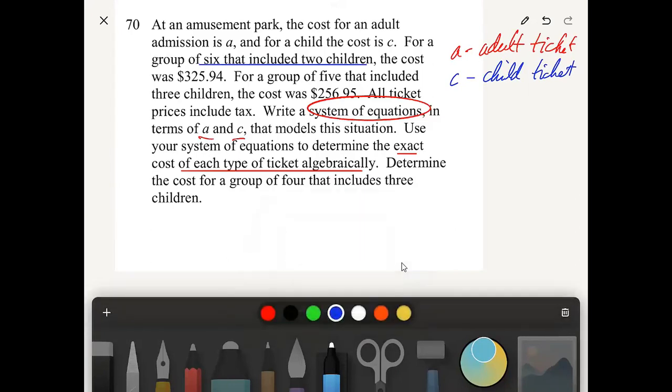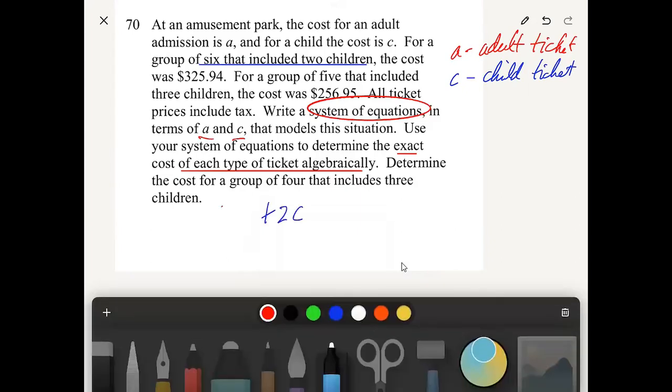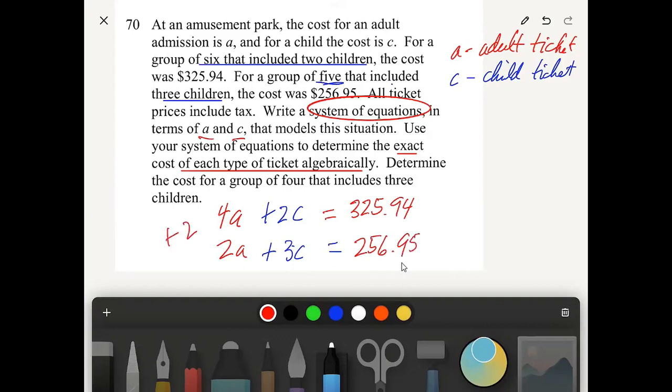You should say there are 2 children, 2C, and that means the others, there's 4 adults, 4A, and that's going to be equal to $325.94. And then it said we had a group of 5 that included 3 children, so that's going to be 3C, and that means there were 2 adults, 2A. And the cost of that was $256.95. Now, this would be 2 points if you were able to come up with those 2 equations.